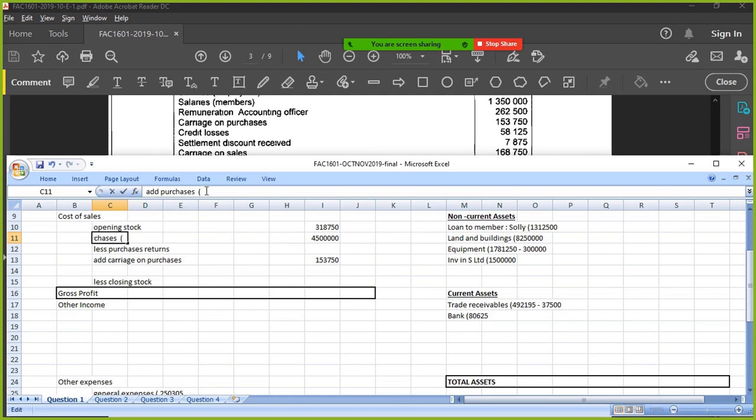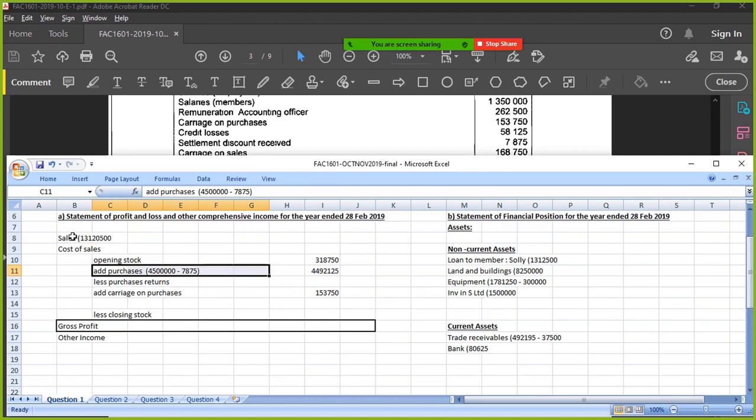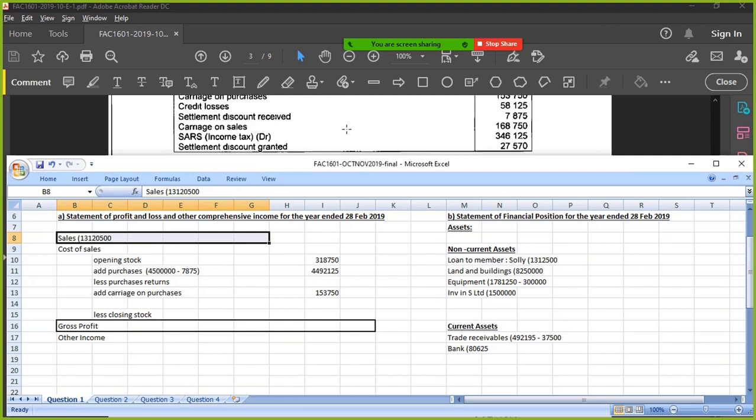So 4.5 million, okay, less the settlement discount received of 7,875. Okay, your answer should still be the same, so it shouldn't matter. I'm just going to show it like that because they tend to offset it against purchases and then they offset the other discount against the sales. Okay. All right, carriage and sales.